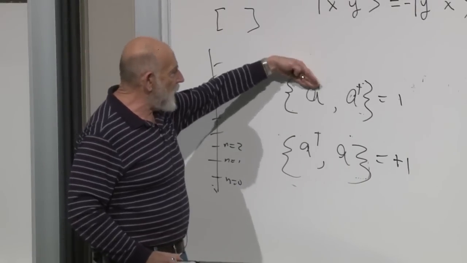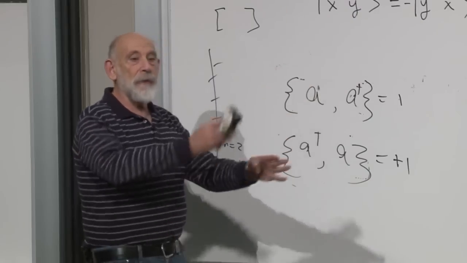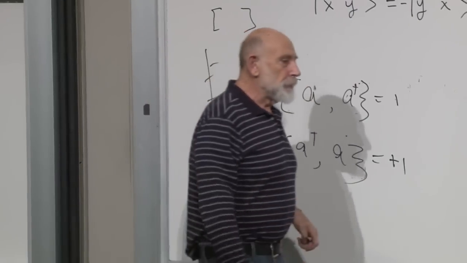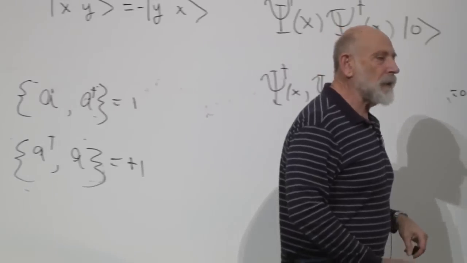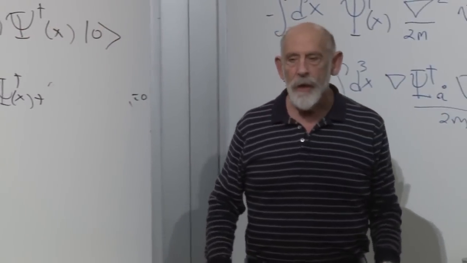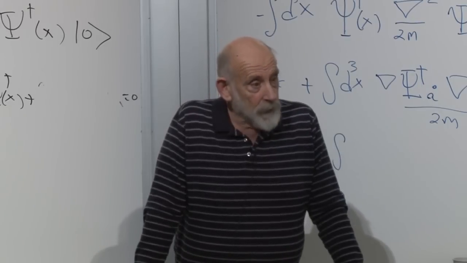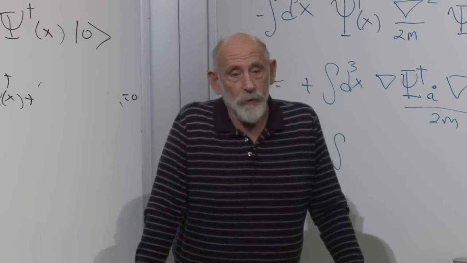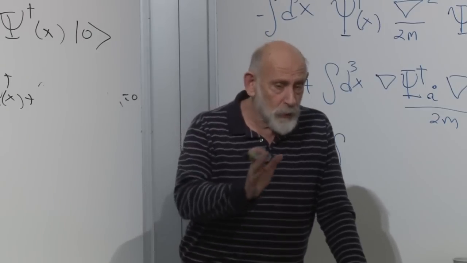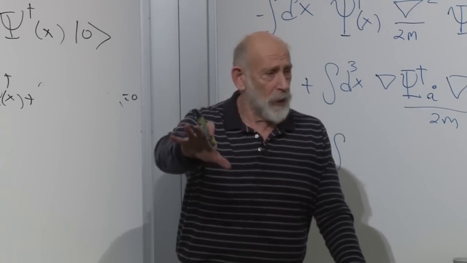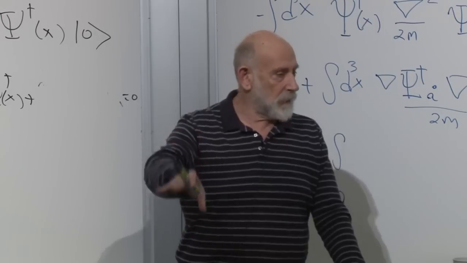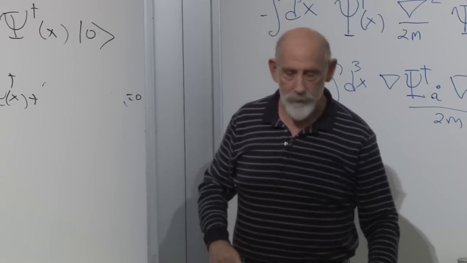Why? Because this is A A dagger plus A dagger A. It doesn't matter which order they're in. So just from the mathematical structure, from the algebra, there's no difference between creation and annihilation operators. They do different things, it's true, but just looking at the algebra of them, you can't tell the creation operators from the annihilation operators.